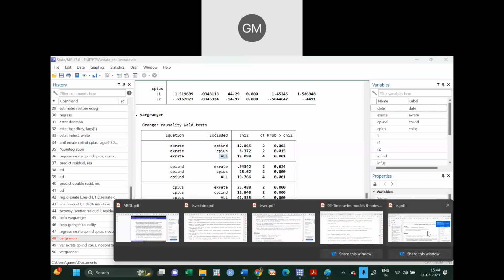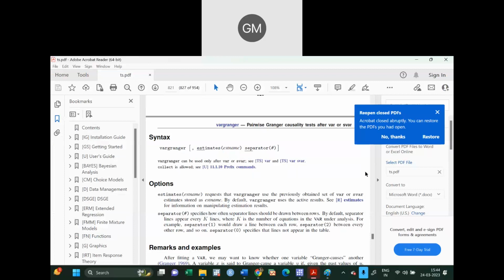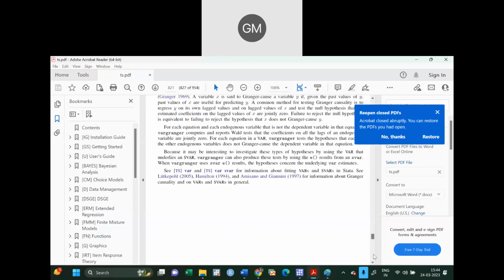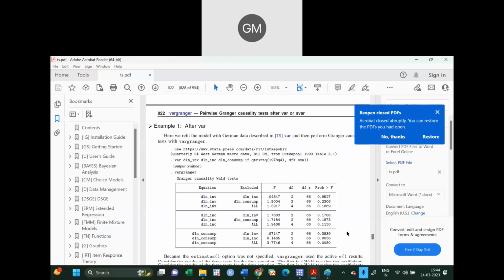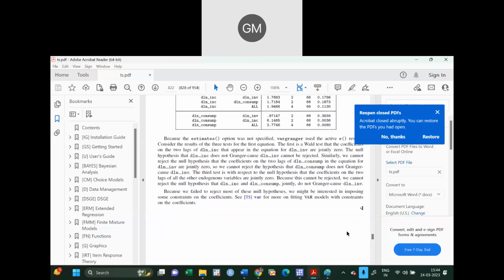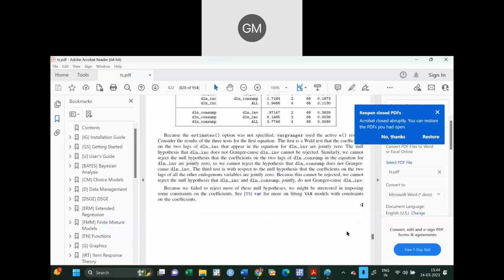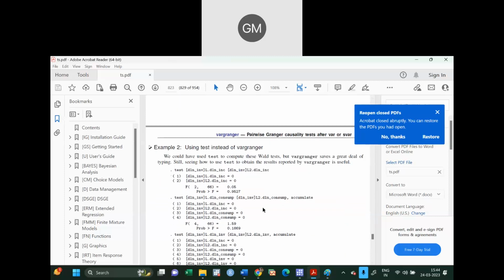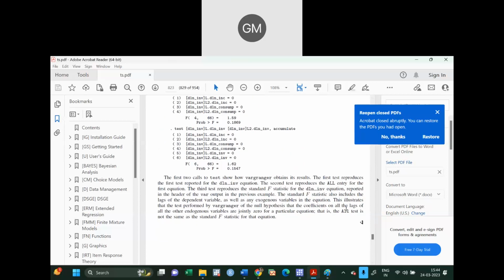So let me just cross check quickly, like whether R Granger. Yeah, these are additional tests of the VAR Granger.